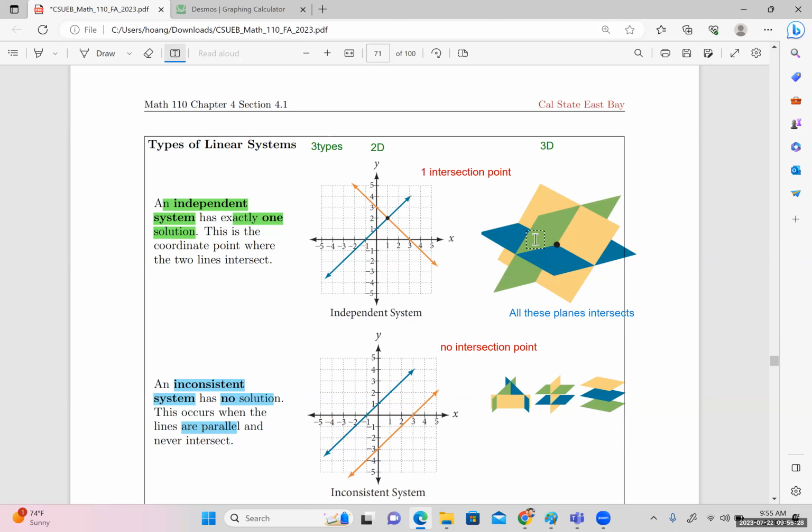You have the blue plane, the green plane, and the yellow plane intersecting at one point.